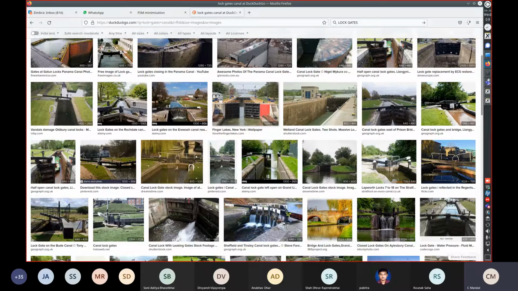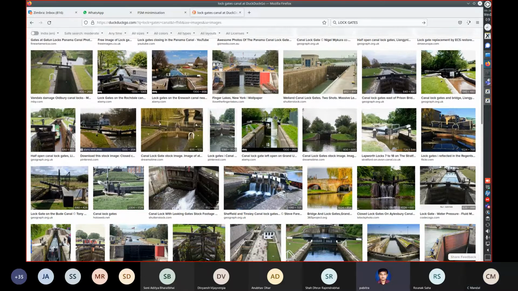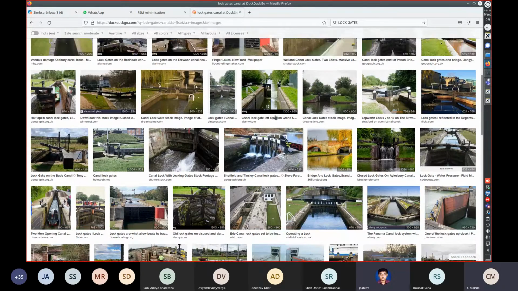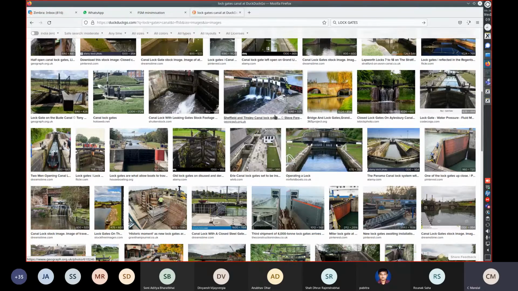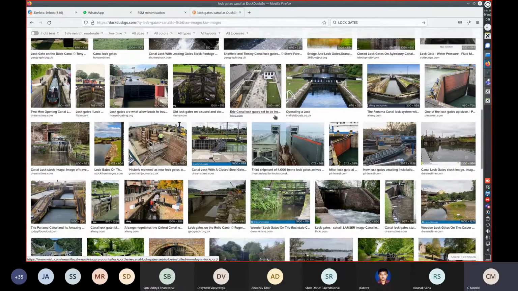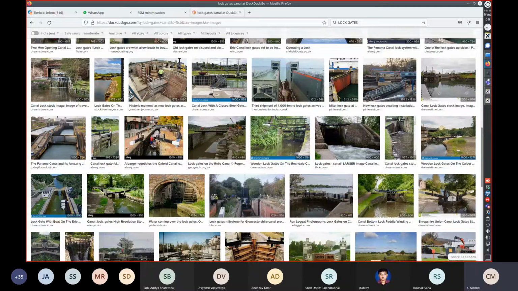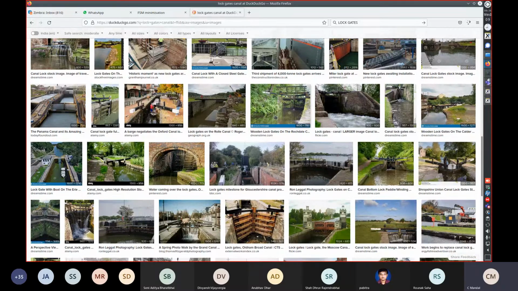Maybe Sharem, if you click on one of the images. Yeah, I'm just looking for an image which is sideways. I'm just looking for a sideways image.